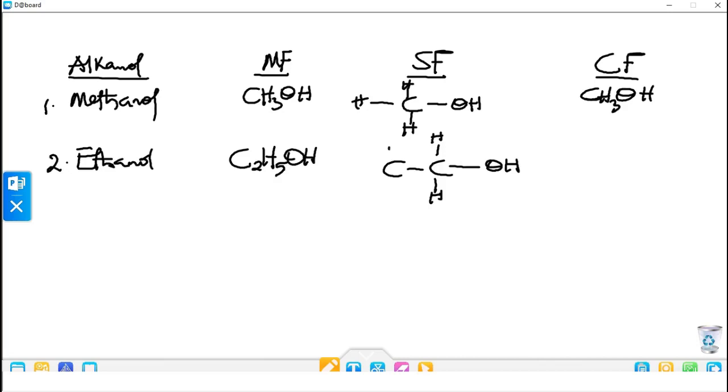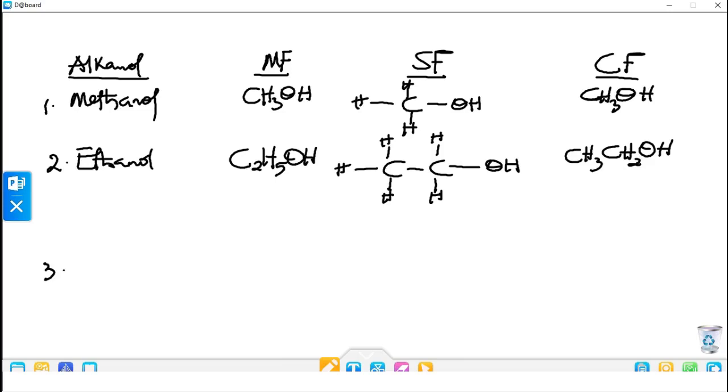And the first carbon atom will take the remainder, and this is the structural formula for ethanol. The condensed formula, therefore, will be CH3CH2OH. This is the condensed formula for ethanol.